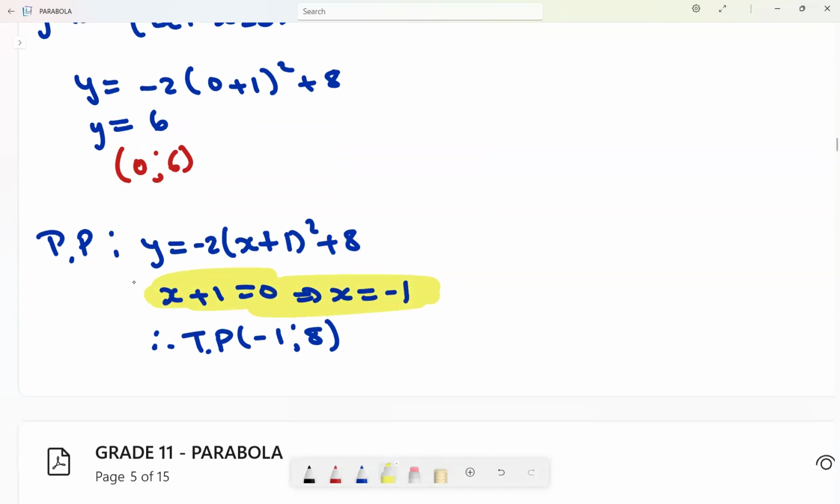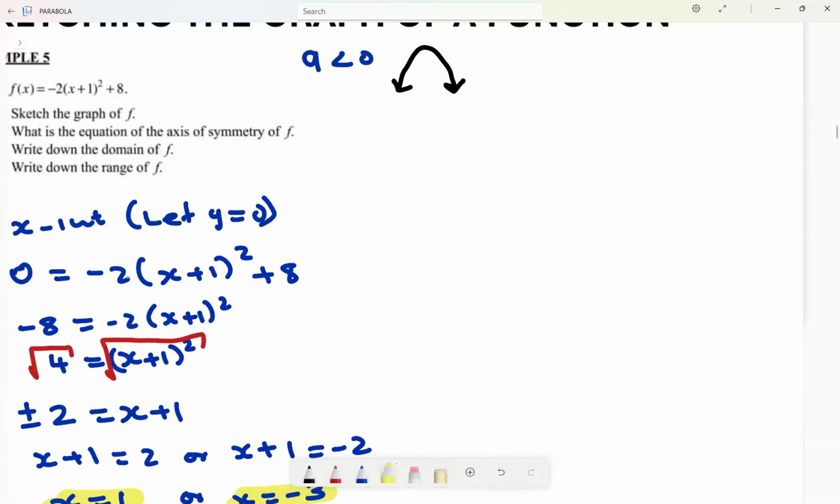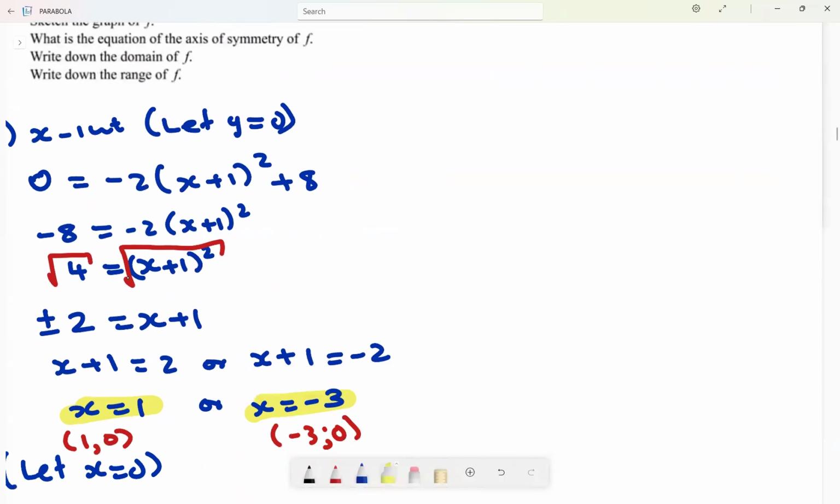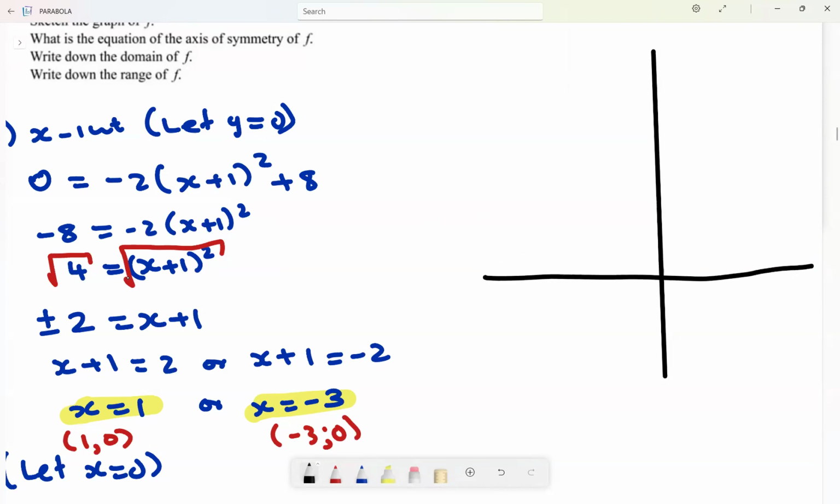So now we are in a position of sketching. I'm going to say, let this be our sketch. Remember, it's going to be a set face. Let me try to straighten that. Then let me label that.